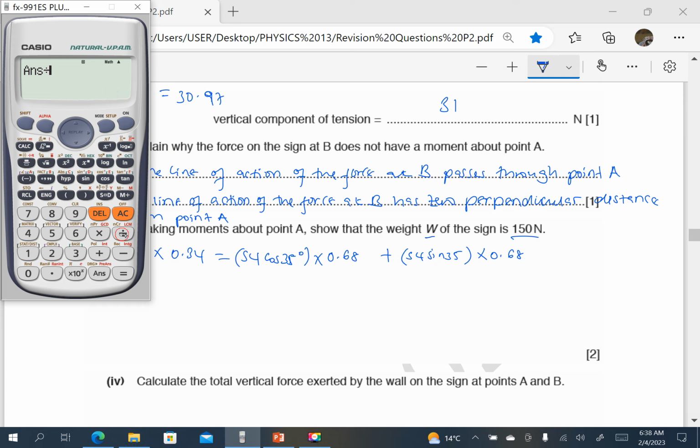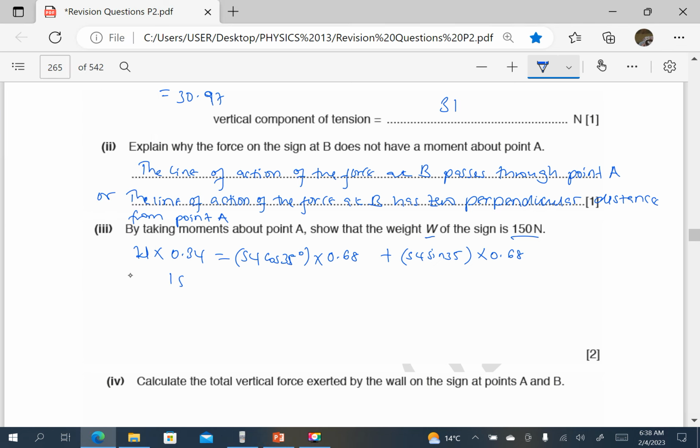Then I'm going to divide both sides by 0.34, which is on the left hand side, to remain with the W. So I'm finding W as 150.4. So W is equal to 150.4, which is approximately 150 newtons as required.